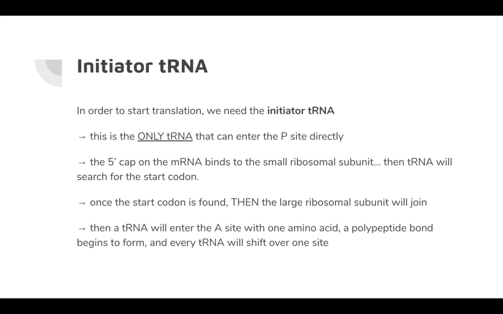Once we have these two sandwiching the mRNA with the tRNA in the P site, another tRNA enters the A site with one amino acid. A polypeptide bond between the tRNA in the P site and the tRNA in the A site will form. And then every single tRNA from that point will shift over one site.